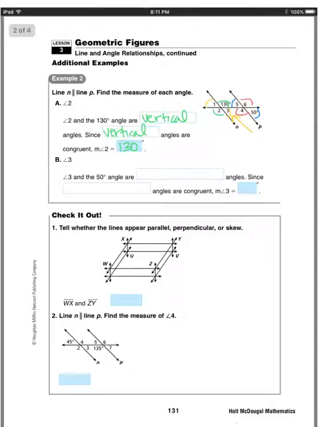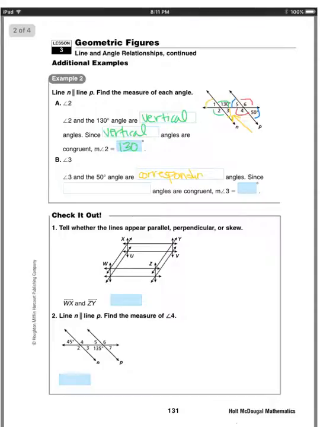Now, if I have a transversal intersecting these two parallel lines, I have what are called corresponding angles. And corresponding angles are the following.